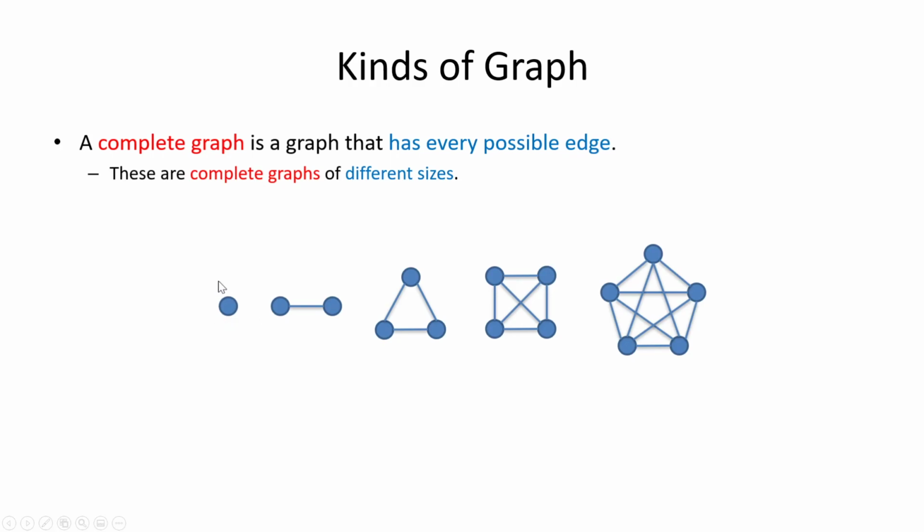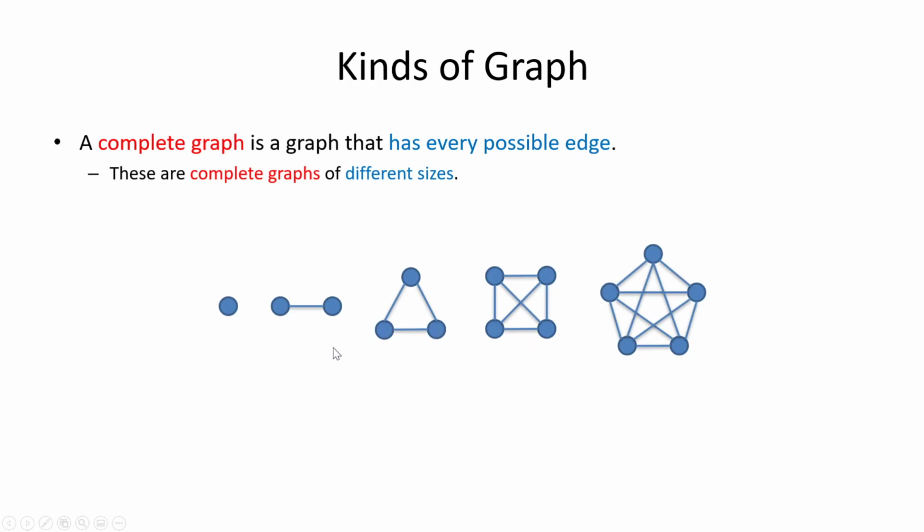This is also not really a very interesting graph. I sometimes call this a degenerate graph. It doesn't really have all the graph properties because it doesn't have any edges. It's just an isolated island. But this is a complete graph of size 1. It has all the possible edges. Now, if you had a graph that allowed loops, allowed self-edges, then the complete graph of size 1 has a loop on it. You could turn all of these into a complete graph with loops by just putting loops on every vertex.